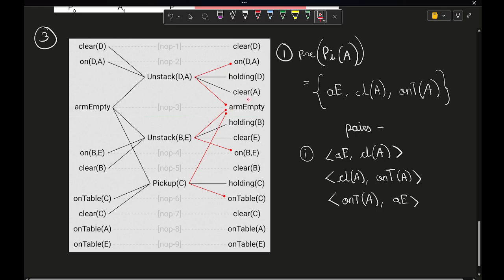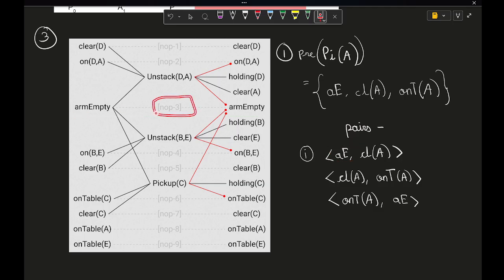Okay, got it. What we are being asked is that we have to check whether these two are pairwise mutex. The action which has arm empty as a positive effect is no op 3, and the action that has clear A as a positive effect is unstack DA. Is that clear?